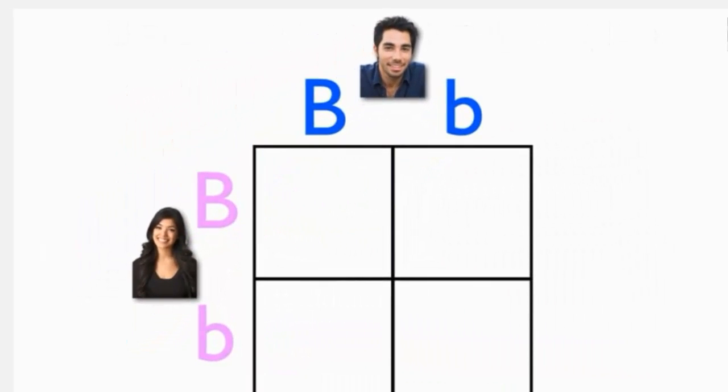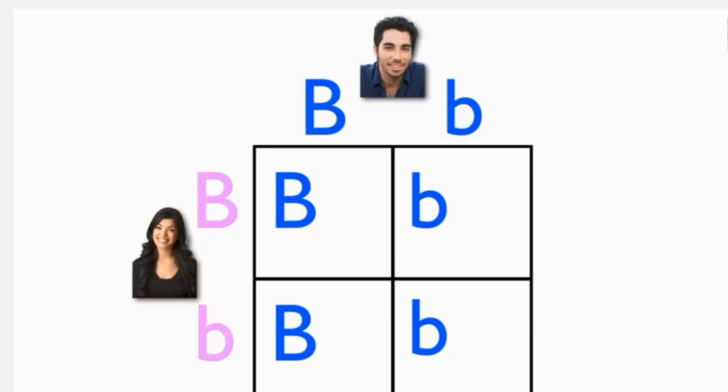Scientists use something called a Punnett square to figure out how often this can happen. Punnett squares predict the number of times your children will inherit certain traits. With the father on top and the mother on the side, we can fill in the Punnett square like this.